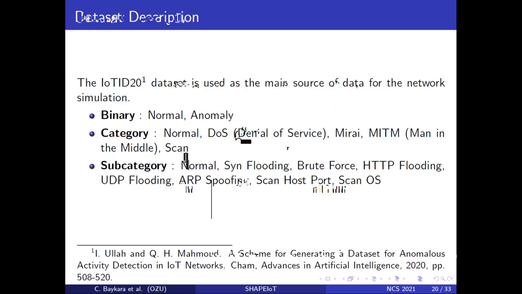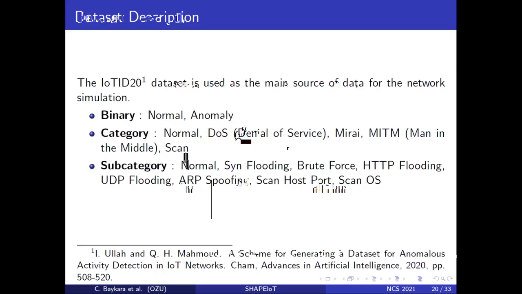To train our machine learning classifiers, we used the IoT ID20 dataset as our main source of data. The IoT ID20 dataset comes with pre-performed feature extraction and processing, therefore it was relatively easy to use. I would like to go over the classification labels available in the dataset. The first is the binary normal or anomaly label.